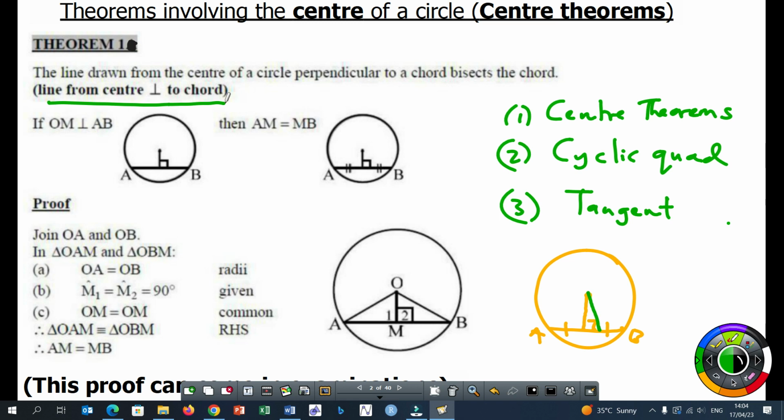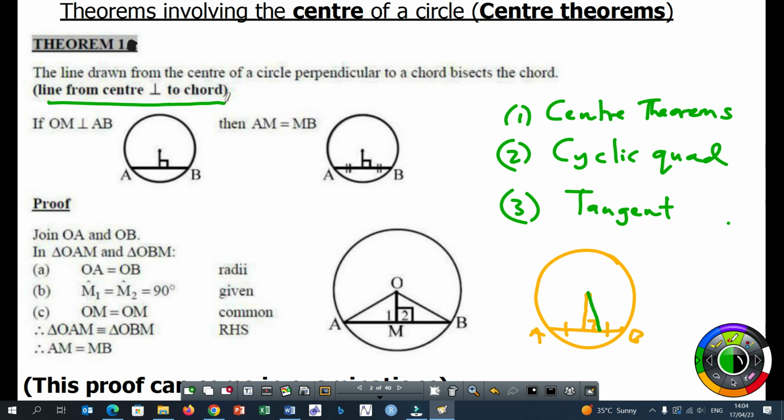Your triangle geometry, you did that from grade 8 to 10, and triangles will continue next year as well. So where we are is the group on circles. If you go down, it will be the 4th line: the line drawn from the center of a circle perpendicular to a chord bisects the chord.